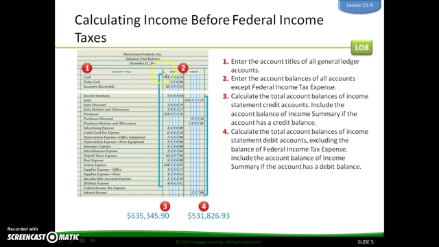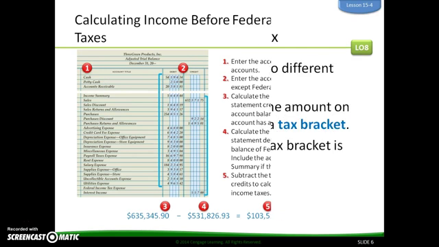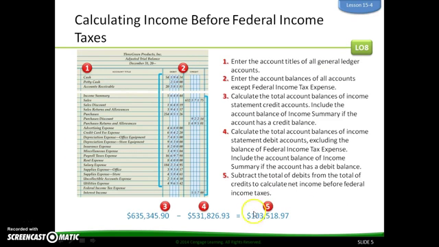So we've got our debits and we've got our credits, and then we're going to subtract the total of the debits from the credits to figure out, do we have net income before our federal income taxes? And whoops, it looks like in this case we do. Okay, and you can see right here, federal income tax expense is empty because we're doing it before.